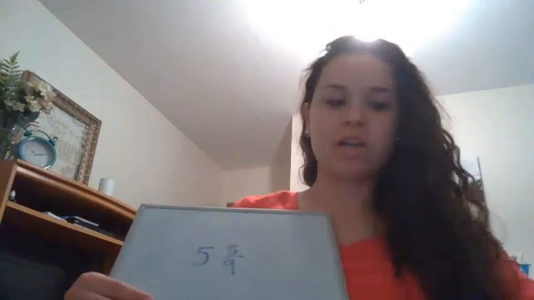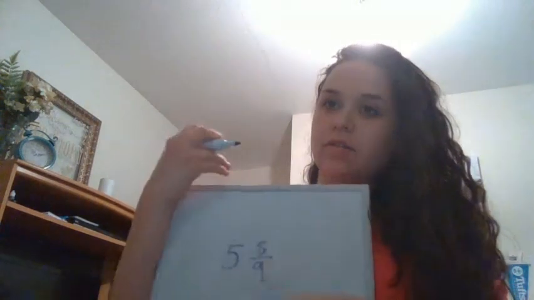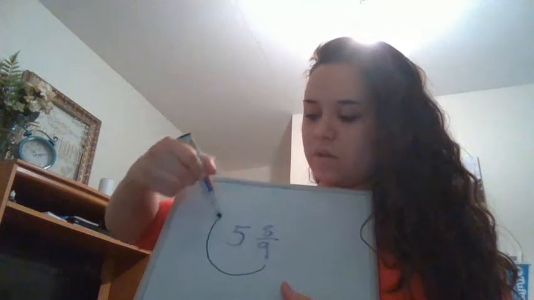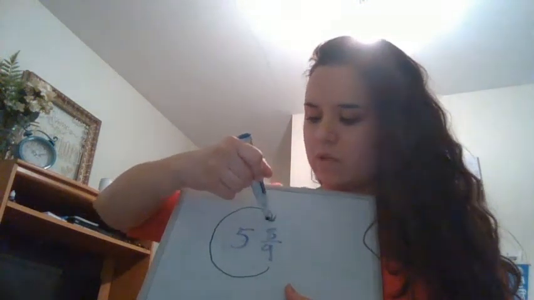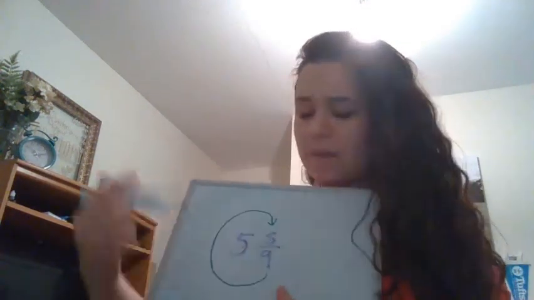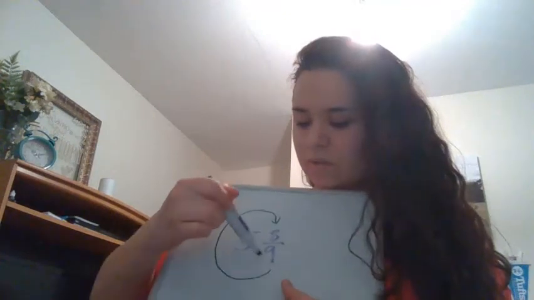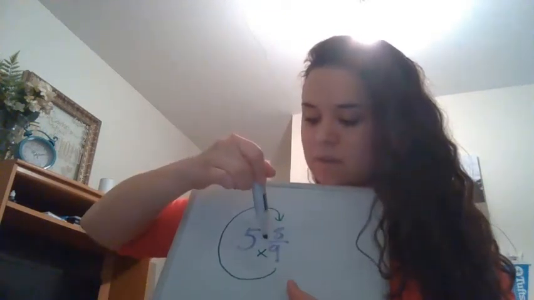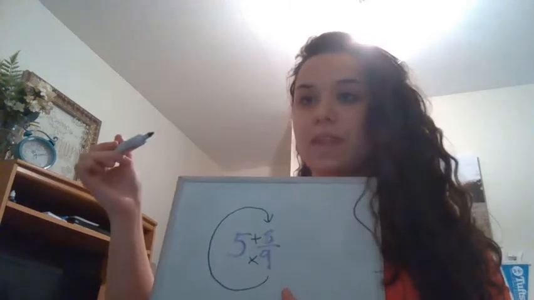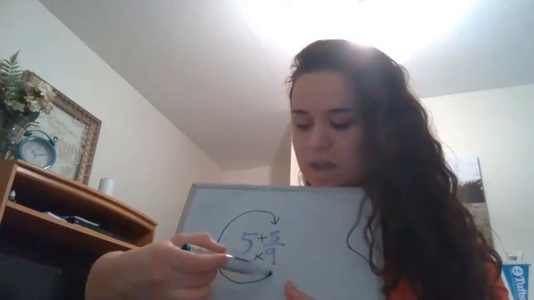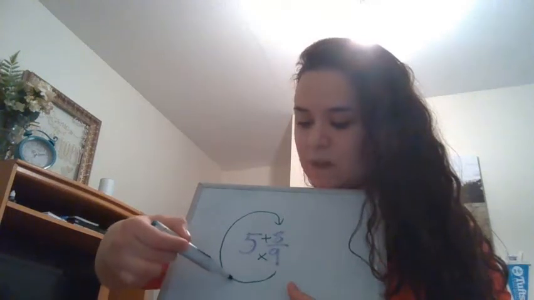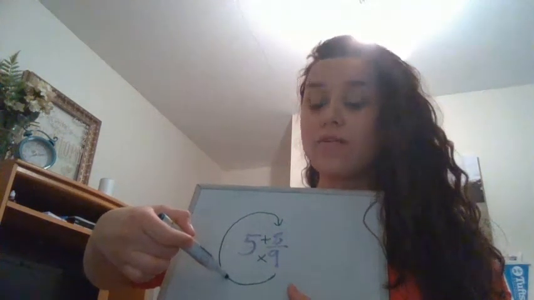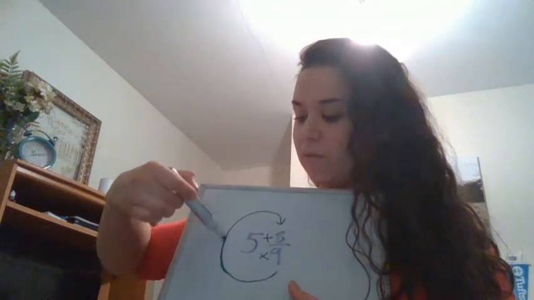So remember, I need to start from the bottom and go all the way to the top. So I'm going to start here. I'm going to curve all the way around. You don't have to draw this arrow, it just helps me sometimes. Make sure I've got my times sign on the bottom, or my multiplication sign, and my addition sign at the top. Okay, let's start at the bottom. 9 times 5, I believe it is 45. And now I'm going to think 45, 45, 45.